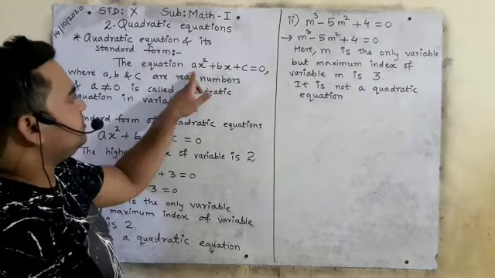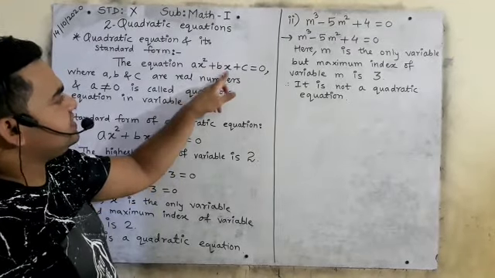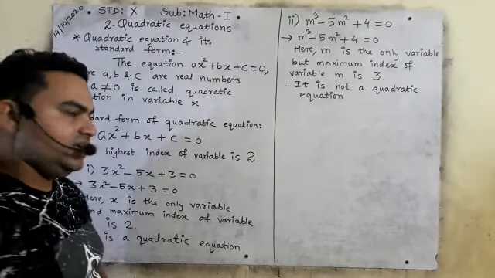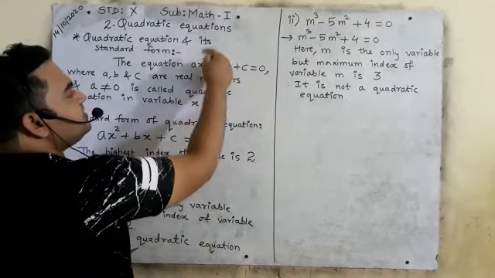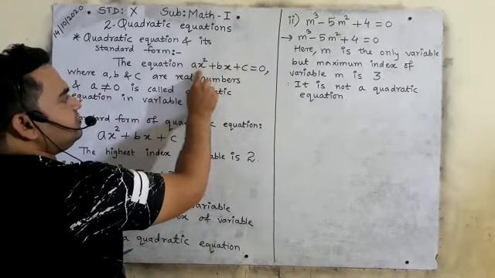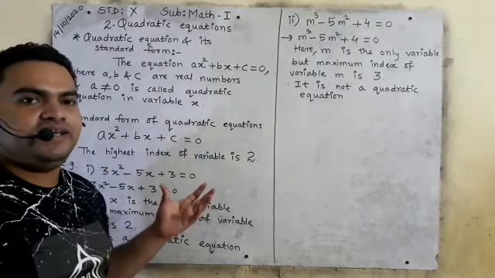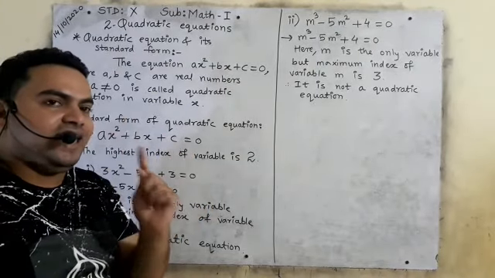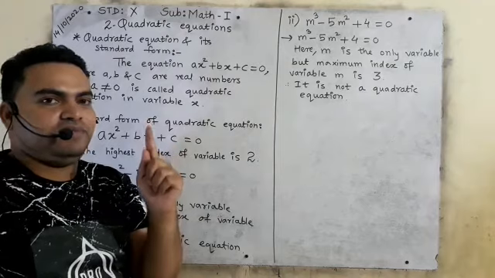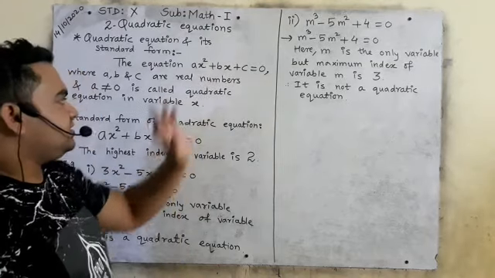Can you see this equation has x as the only variable? And what is the maximum index of that x? 2. So it is a quadratic equation in variable x. Here we will use only one variable, that is x.